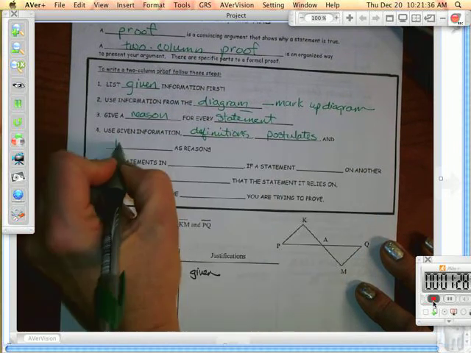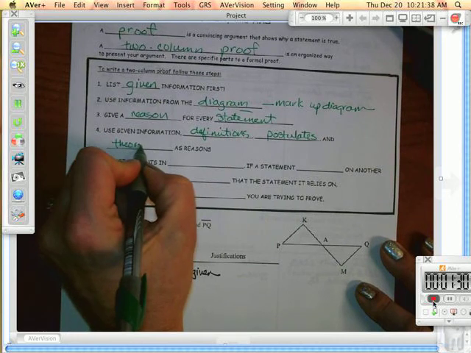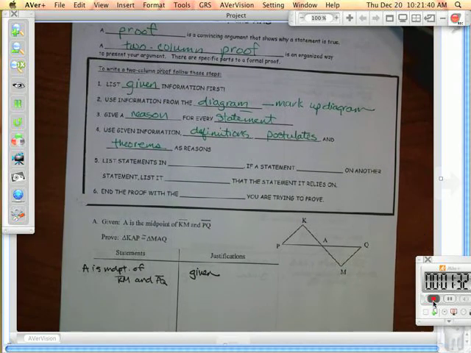You don't have to state theorem numbers. You just need to say, definition of angle bisector. Good enough. What does an angle bisector do? Cuts an angle exactly in half, right? Exactly. Okay.